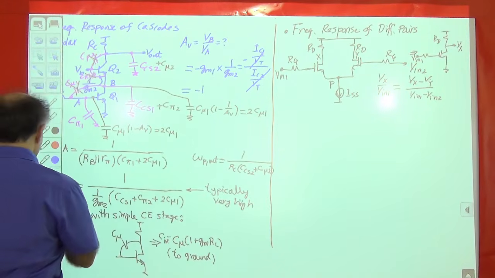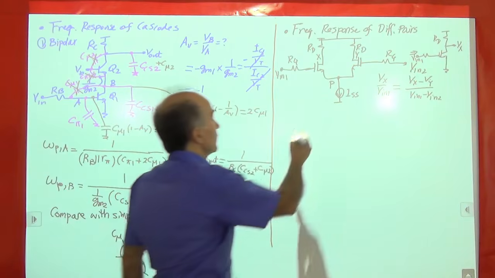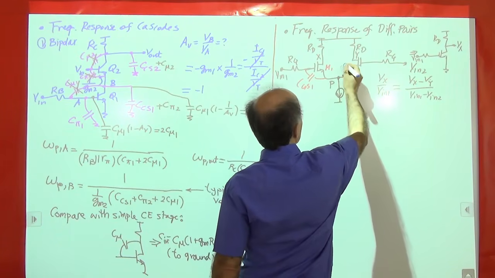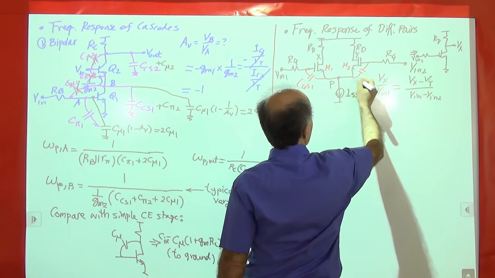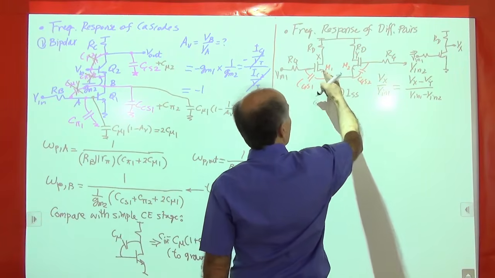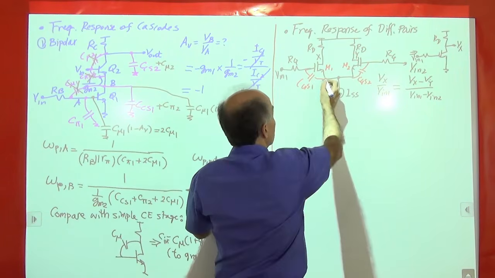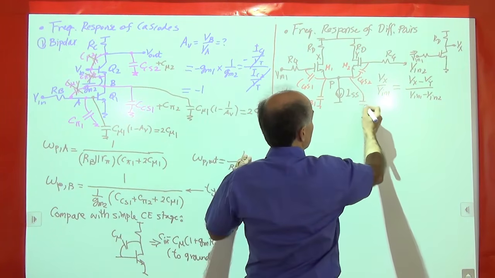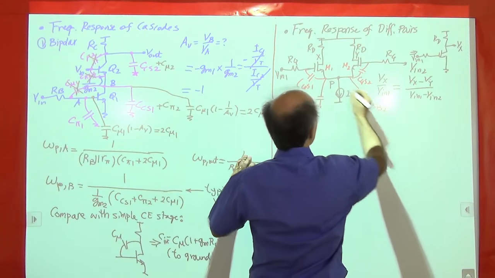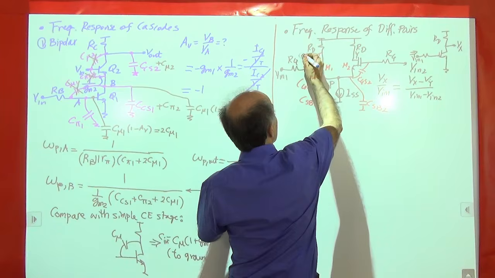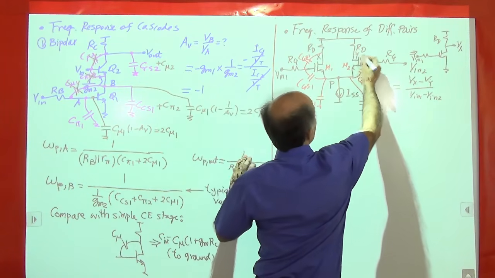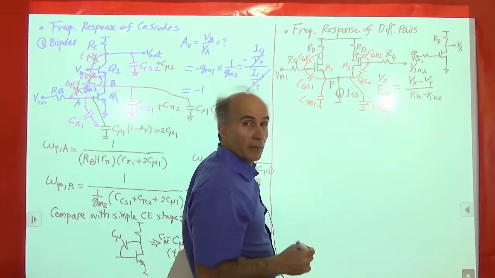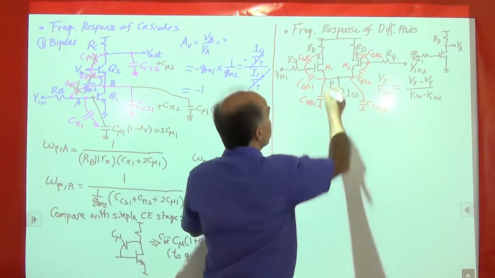Okay, so let's go ahead and drop all the capacitors in. So we have CGS1, CGS2, for M1 and M2, then there's a capacitance from the source to ground, CSB1, CSB2, then there's CGD1, CGD2, and there are two caps from the drains to AC ground, to the substrate.